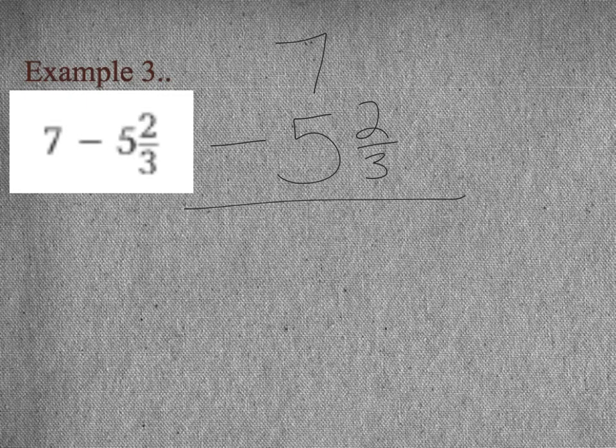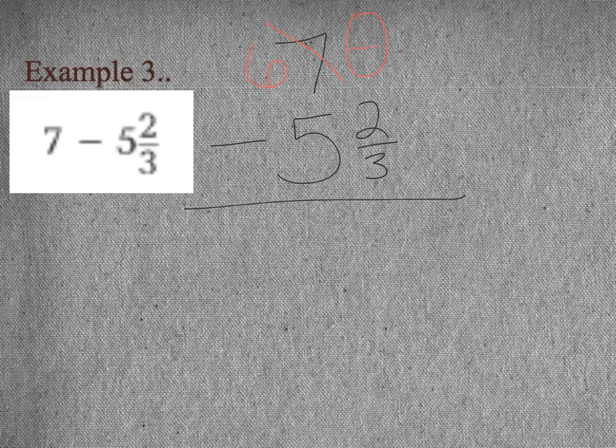And the first thing I notice right off the bat is that I do not have a fraction right here to subtract. That is not good. So what can I do to fix this? I think I'm going to have to regroup. So I'm going to take 1 whole from 7. If I take 1 whole from 7, that makes this really a 6. And if I take 1 whole from 7, I have to add it to here.